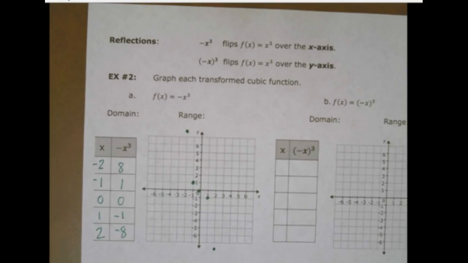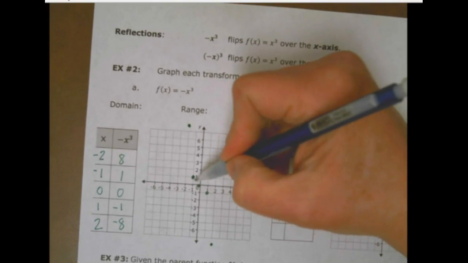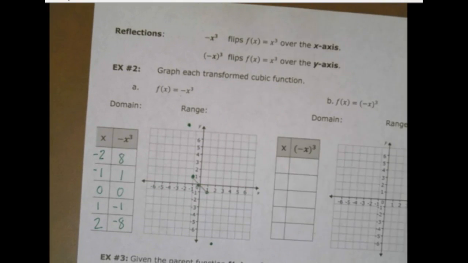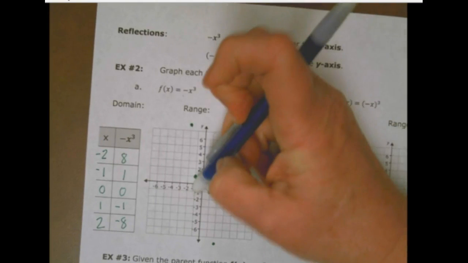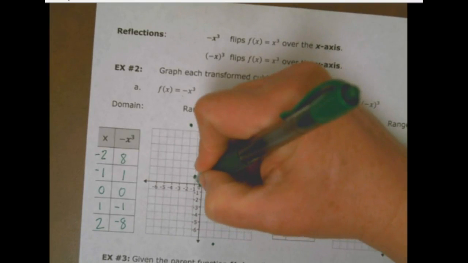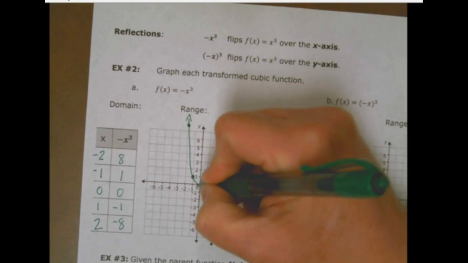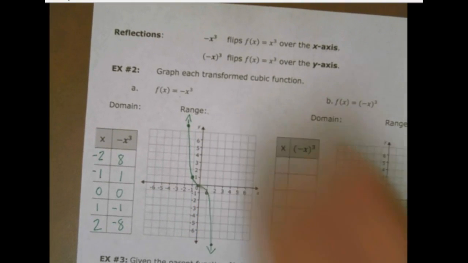Now, this is not the correct way to make a cubic graph, so don't copy this. This does not connect the dots and make a straight line right here. That is incorrect. This curves up and this curves down.